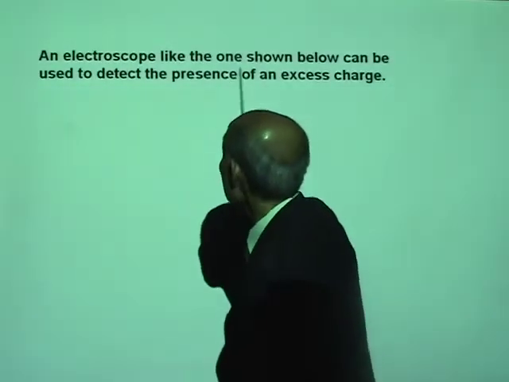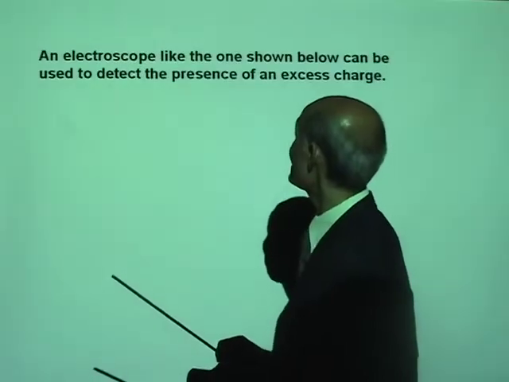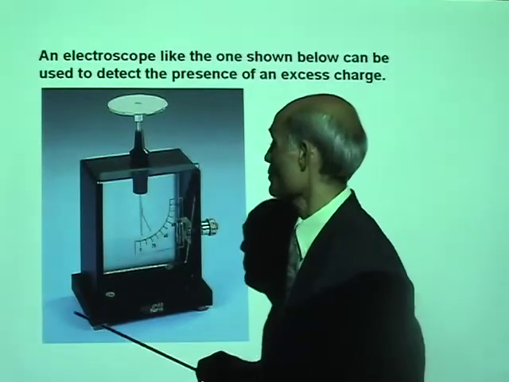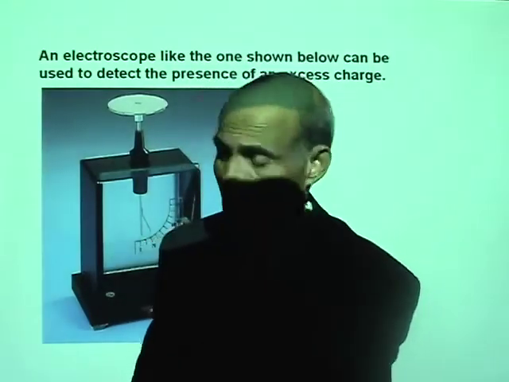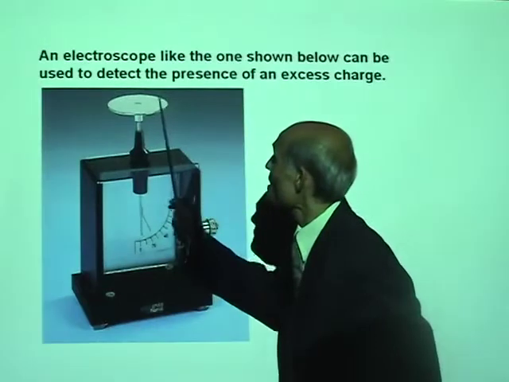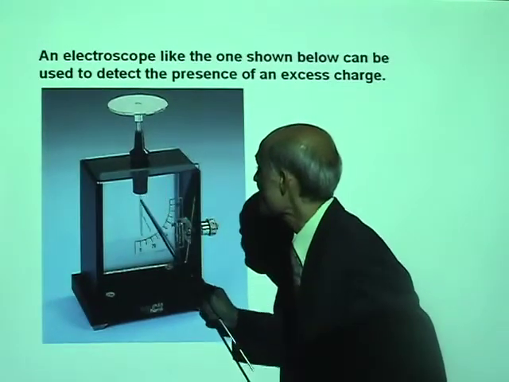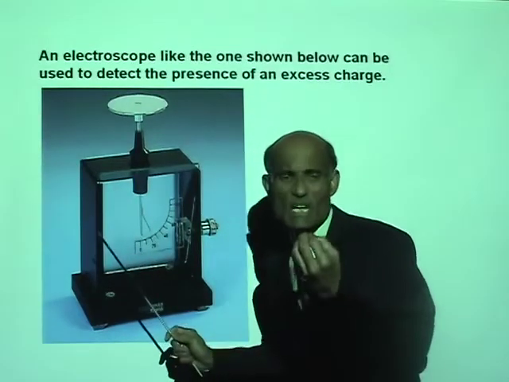Now an electroscope like the one shown below can be used to detect the presence of an electric charge. Now here is an electroscope. It has a conducting platform, a conducting stem and conducting leaves.